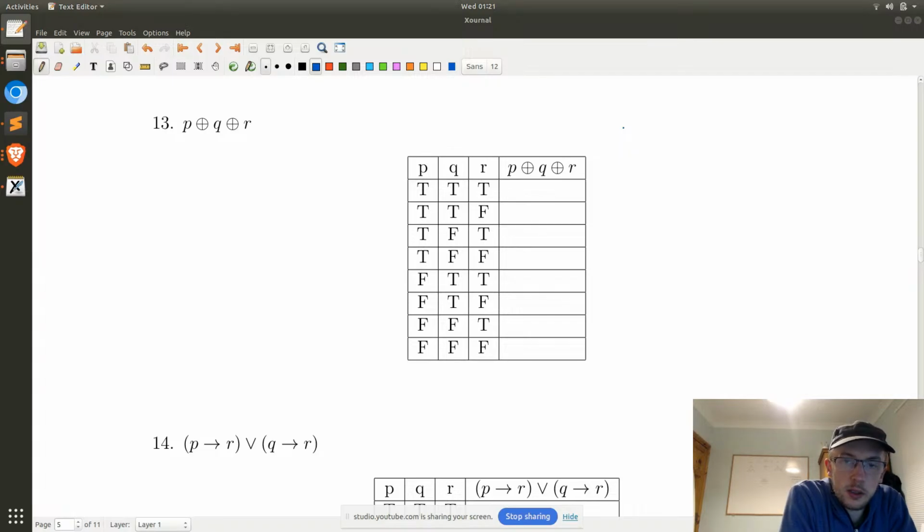P XOR Q. It's only true when precisely one of them is true. So yes, try it out. I'm actually genuinely curious as to what this table looks like.